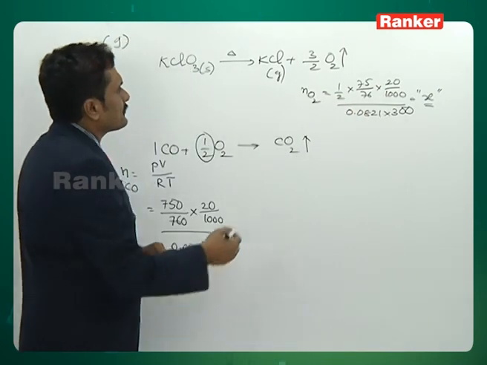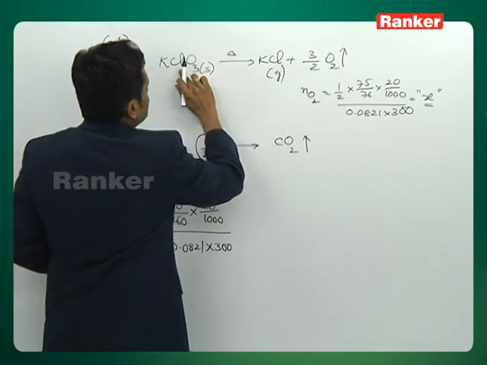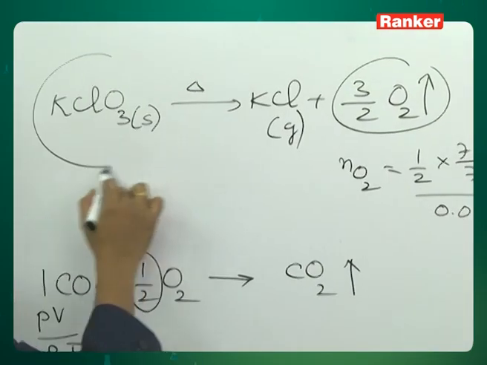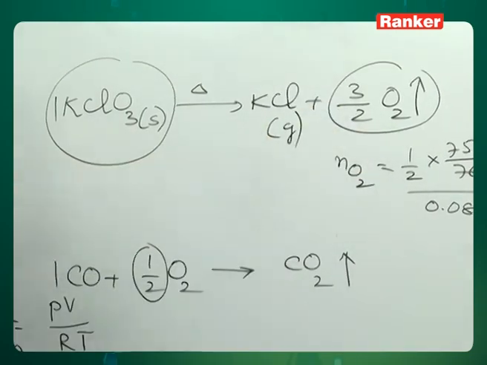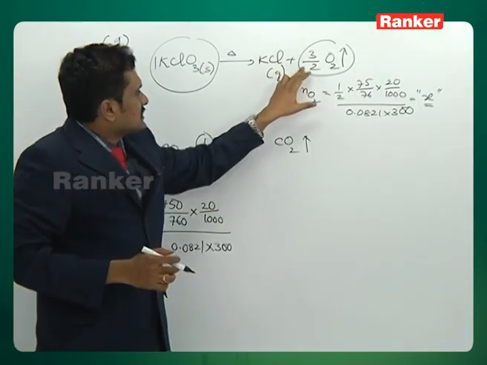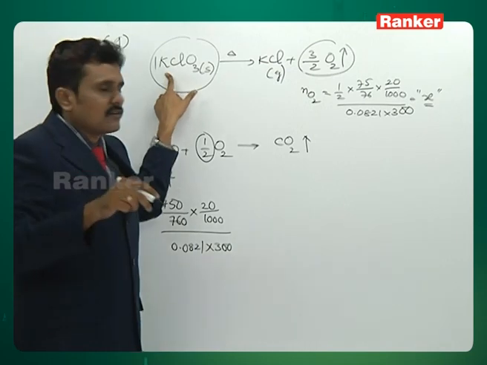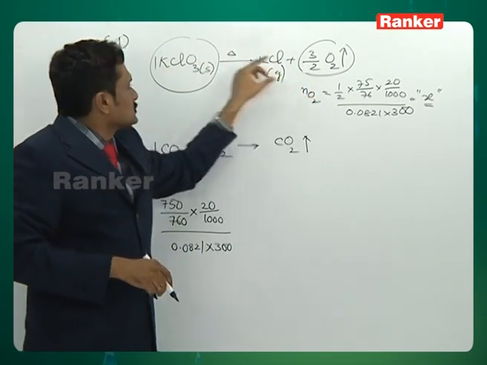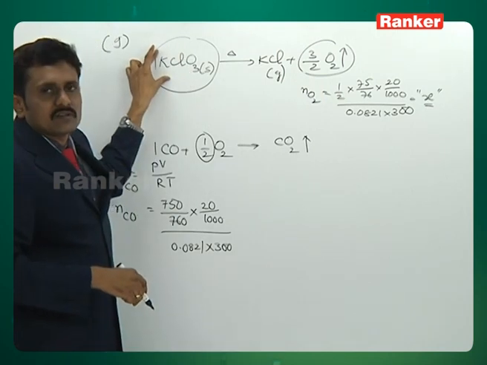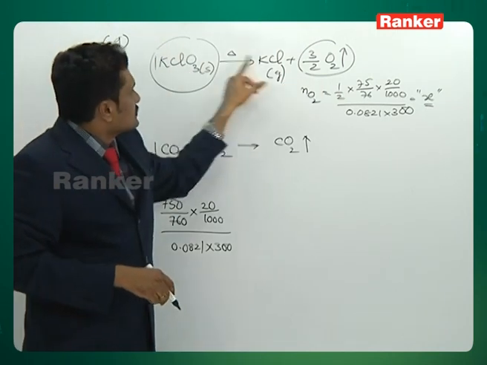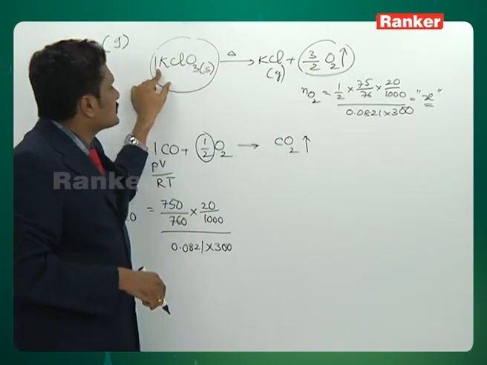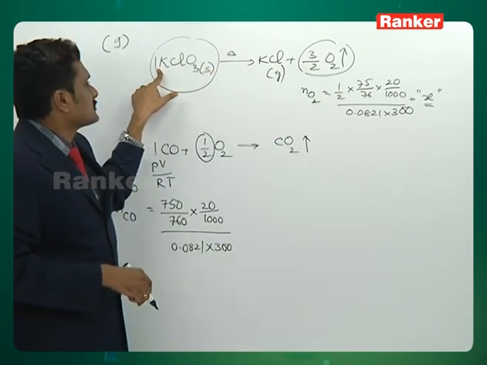Now, because you have been asked for information regarding KClO3, you have to link these two by mapping their stoichiometric coefficients. You know that if it is 3/2:1, I can also call it 1:2/3. For every 1 mole of O2, 2/3 moles of KClO3 is involved.